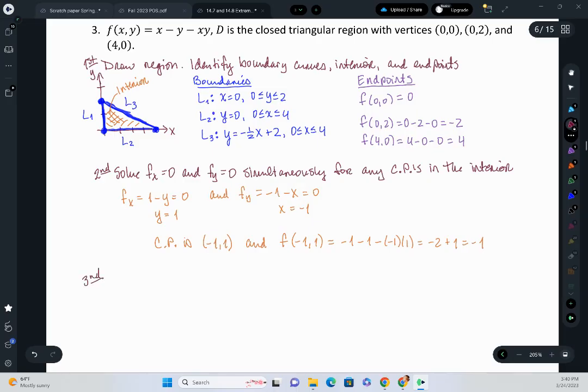So we're going to check all boundaries for critical points. I'm going to start with L1, and L1 is defined by x equals 0, and y is going from 0 to 2.